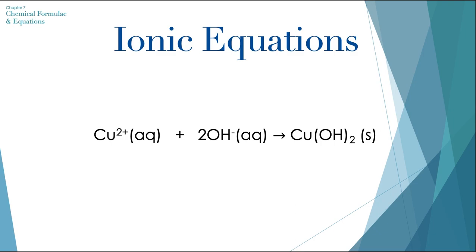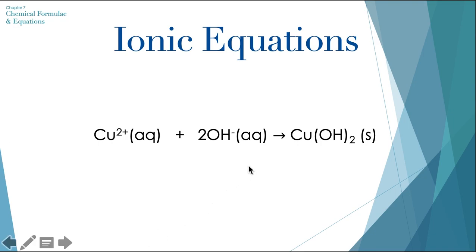Okay, so this is what an ionic equation is. In the ionic equation, we just leave out the spectator ions, those ions which are present and don't change in the end. They're just extra ions, not really involved in the reaction. So that is why we cut down the equation into something simpler.